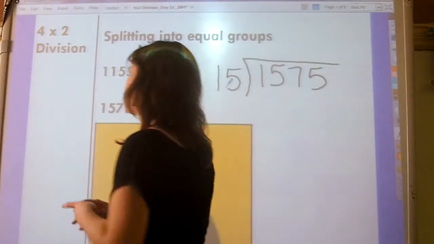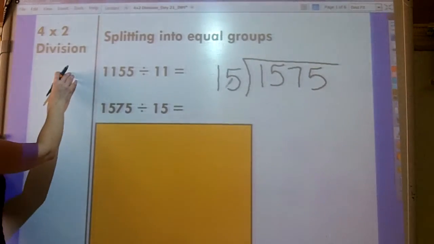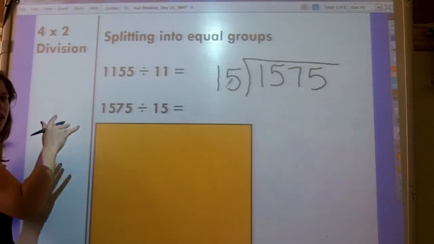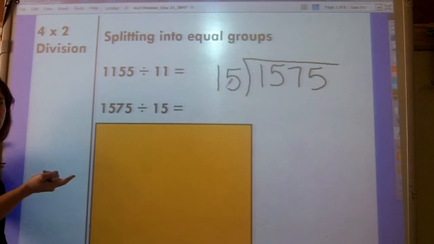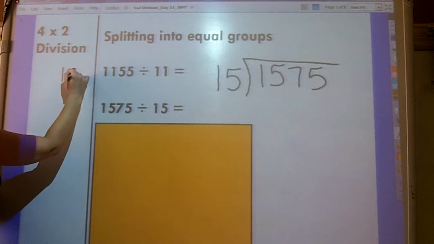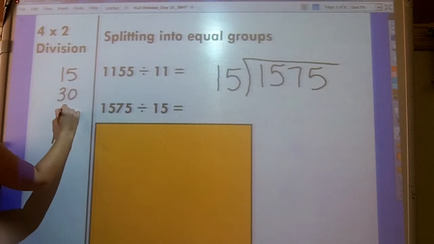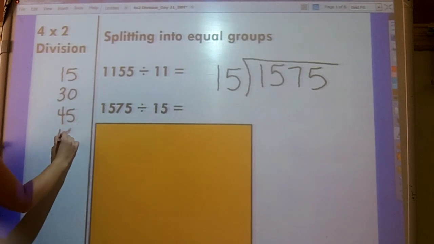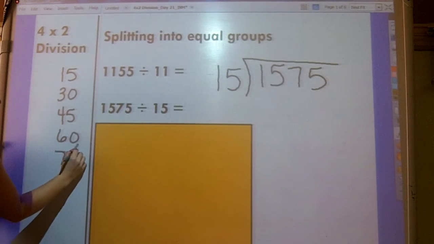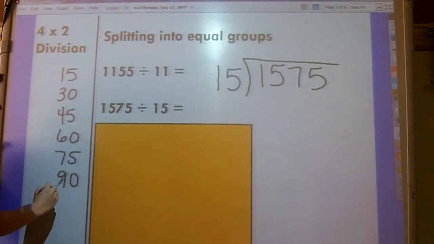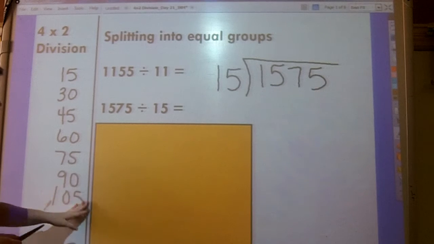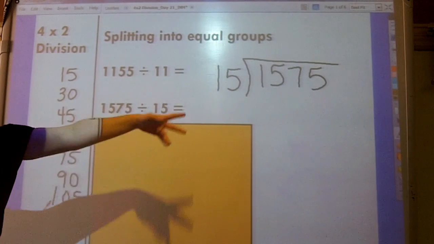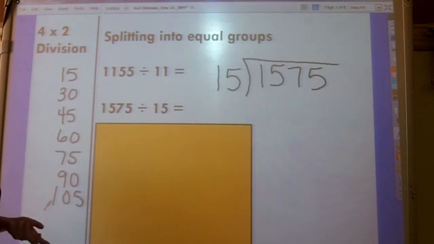I'm just going to count by 15s over on the side so that I can look back at it and think, oh yeah, 15 times 4 is 60. 15, 30, 45, 60, 75, 90, 105. I can stop here because I'm not going to have anything bigger than 105 in this problem.